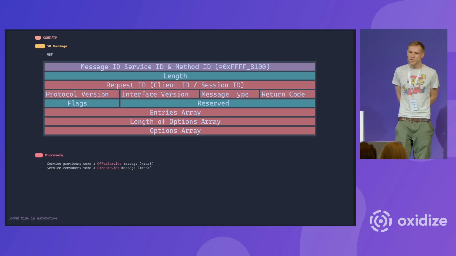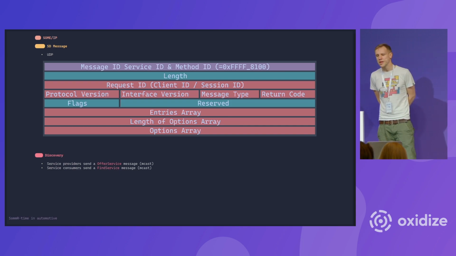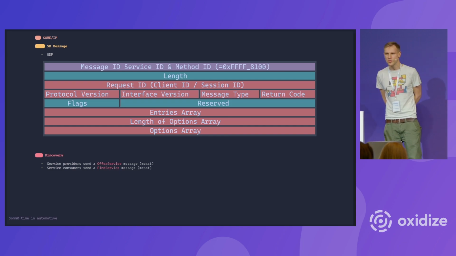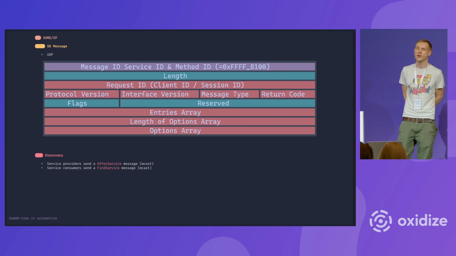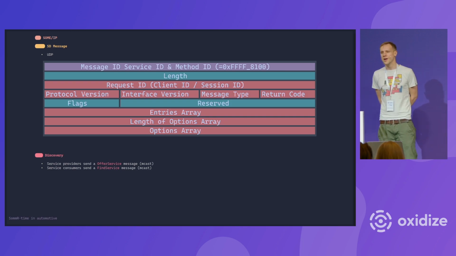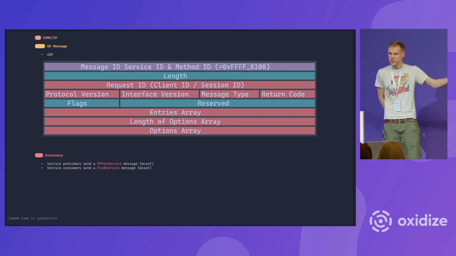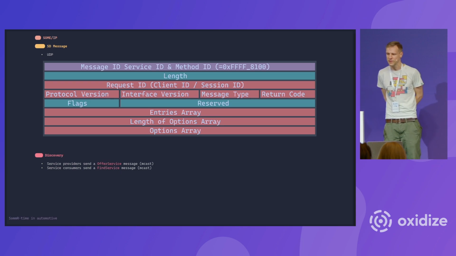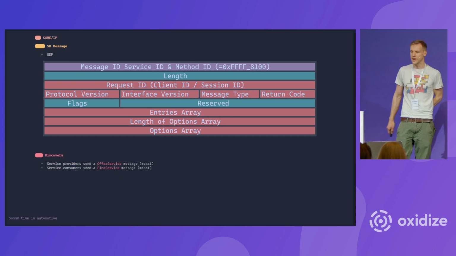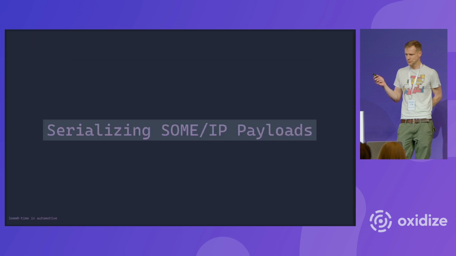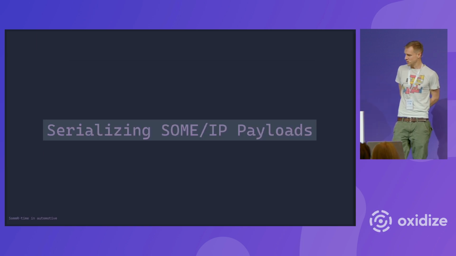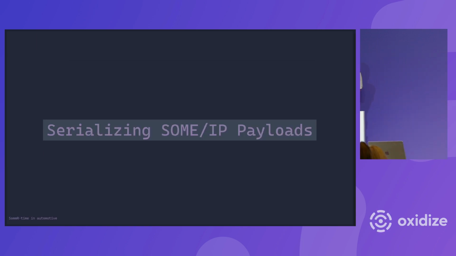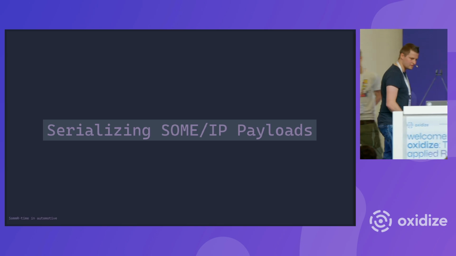In a discovery scenario, we speak of providers and consumers, provider and consumer services. Providers send offer service messages following the message format I depicted just briefly, and consumers send find service messages. And with no time to lose, I hand over to Morten for the serialization.